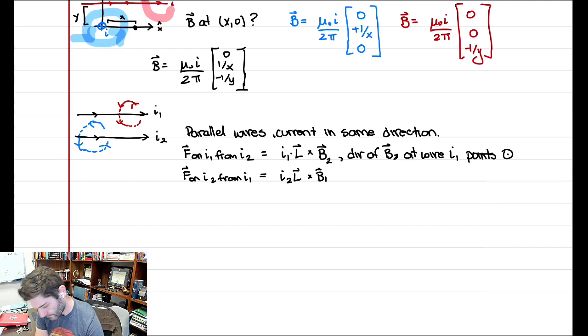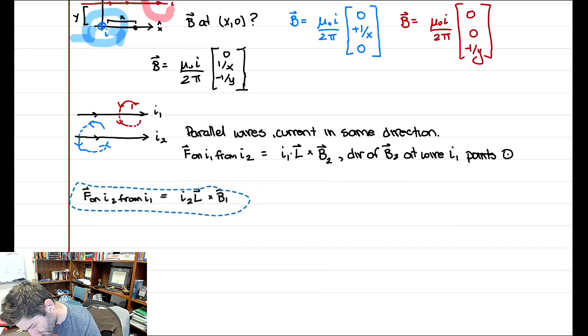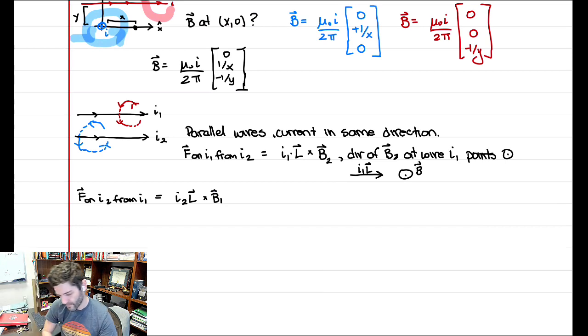So, I'm going to have to move this down. Then I have the direction of the current pointing to the right. That's I1 or L. And then I have the magnetic field pointing out of the page. So the force, the direction at least, is the cross product of them.